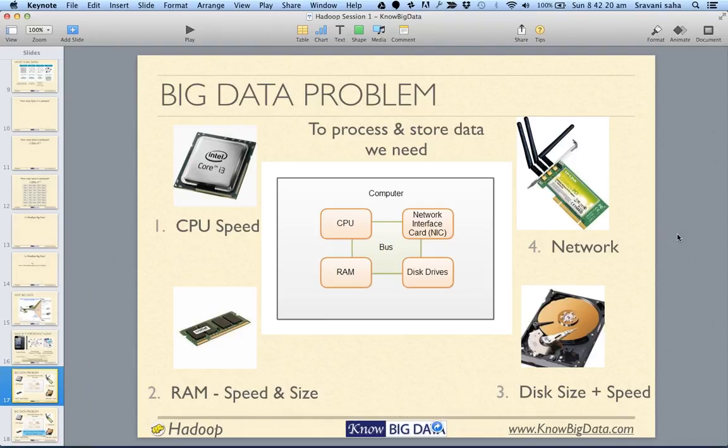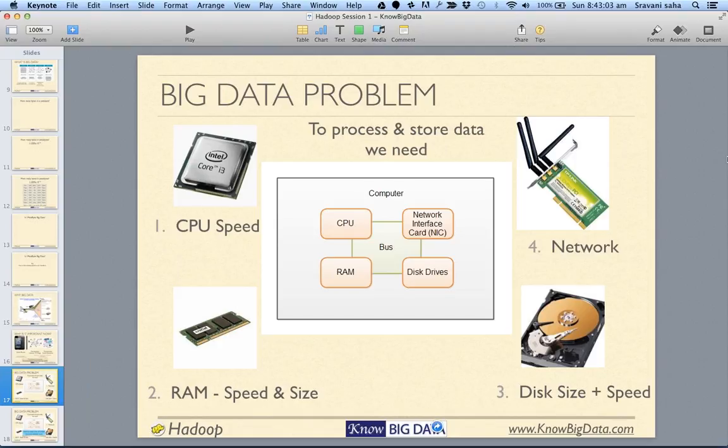Whenever you want to store, say, 1 petabyte of data, let's take one case each. Say you want to store 1 petabyte of data. Now, what will become the bottleneck? The disk is going to become the bottleneck, right? Perfect. Thank you. First, disk size is going to become the bottleneck.